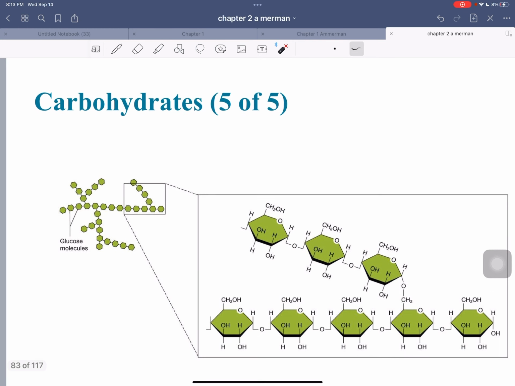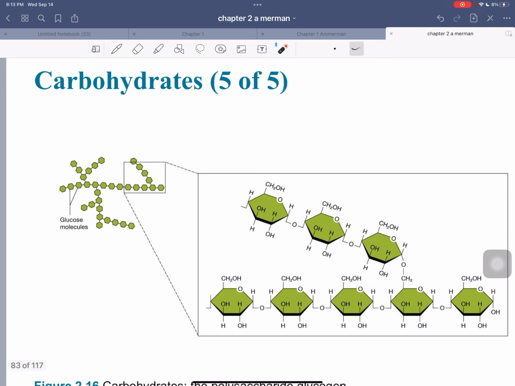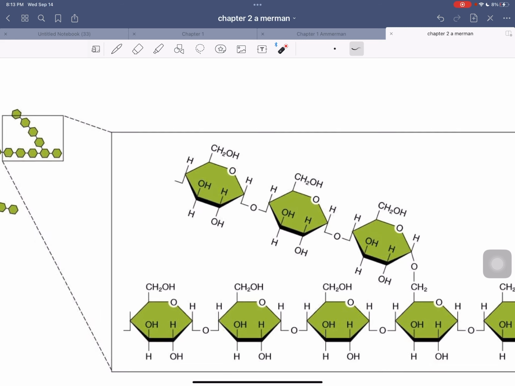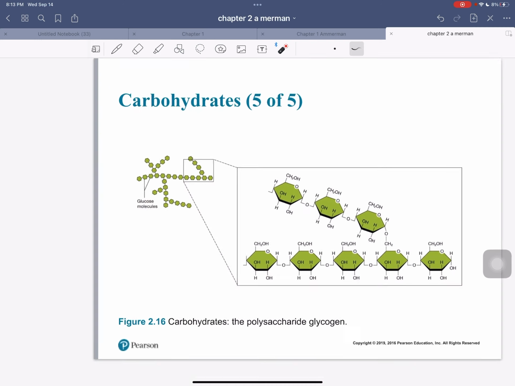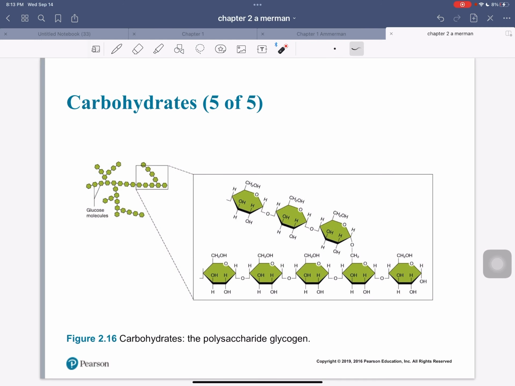Here we can just see some examples of these polysaccharides. You can see each one of these is an individual monosaccharide, and you can see that it's undergone dehydration synthesis in order to allow the bonds to form. And this is really just a very convenient way of storing material. And the one we're looking at here, the polysaccharide, is glycogen.